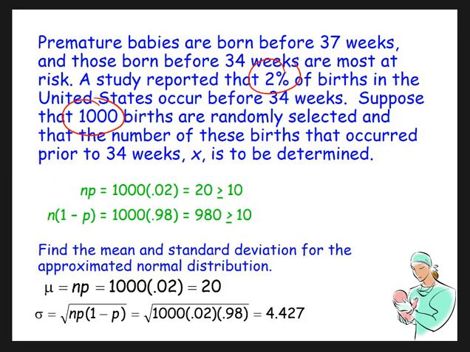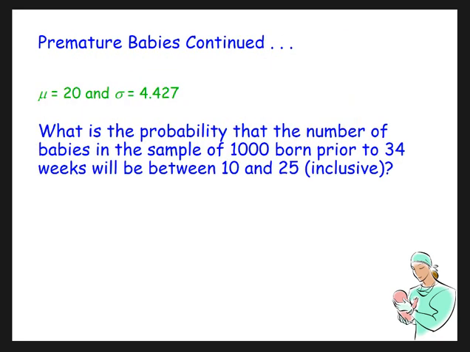We want to know the probability that the number of premature births will be between 10 and 25. Well, remember we do that continuity correction. That means 10 really goes from 9.5 to 10.5, so we're going from 9.5 here. 25 goes from 24.5 to 25.5, so we're going to 25.5 there.